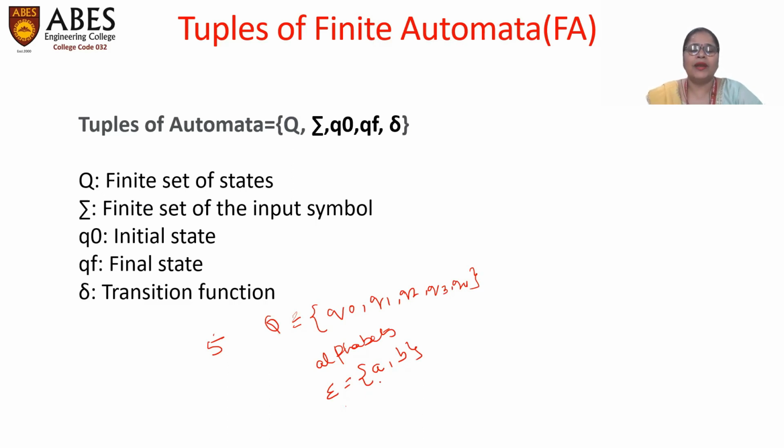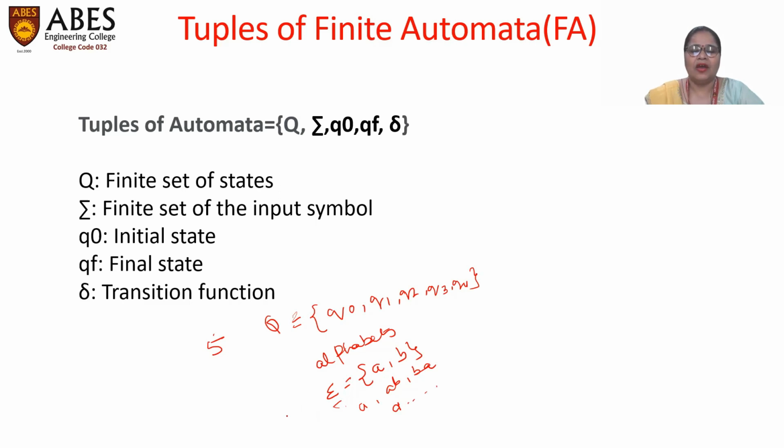There is no condition given to you, so the machine can generate any kind of language, any pattern, any length of string. It may be a, it may be ab, it may be ba, it may be abb, like that. All these strings can be generated by using this sigma.